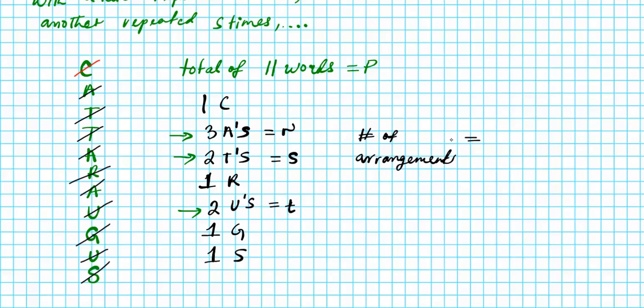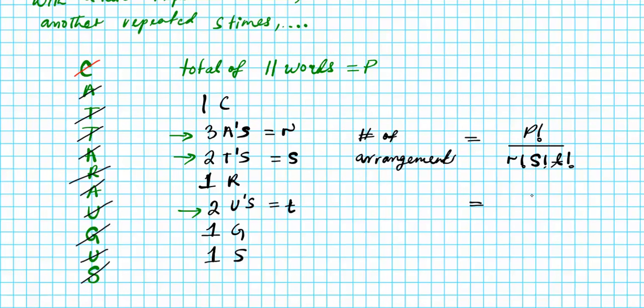Perfect. So the number of arrangements is P factorial, the total number of letters factorial, divided by the product of the factorials of the repeated letters. In this case, we have R factorial, S factorial, and T factorial because we have 3 letters that repeat themselves in the spelling of this word.